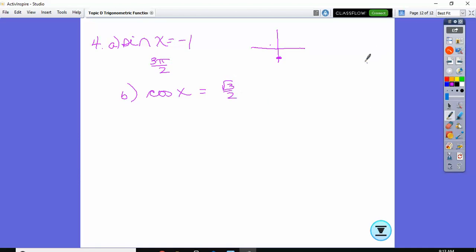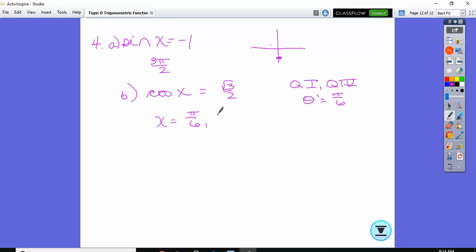Okay, cosine is radical 3 over 2. When is cosine positive? One and 4, so we have 2 answers. Reference angle. When is cosine radical 3 over 2? 30. Good. So in quadrant 1, pi over 6 is pi over 6.